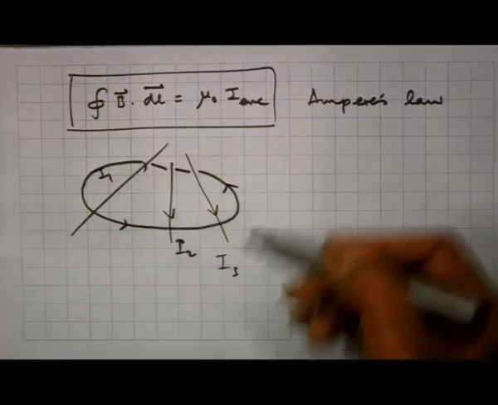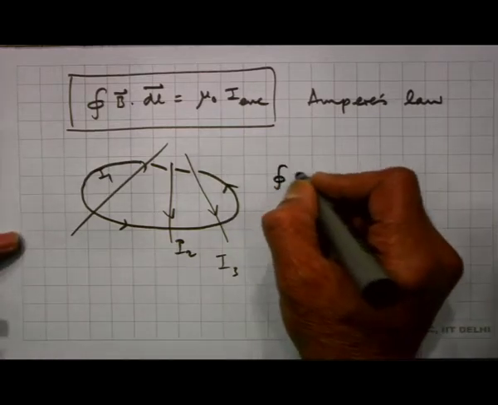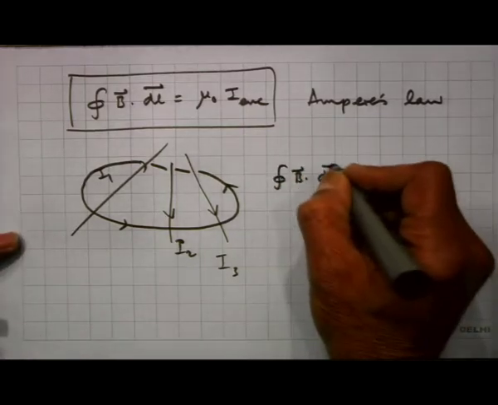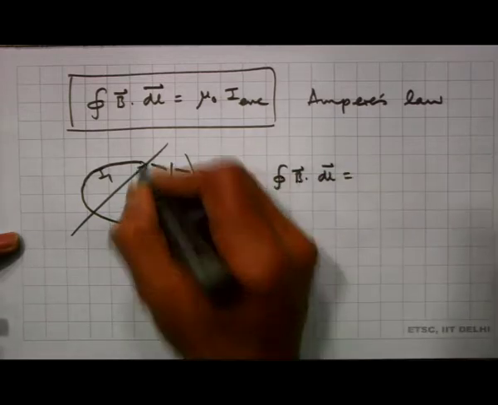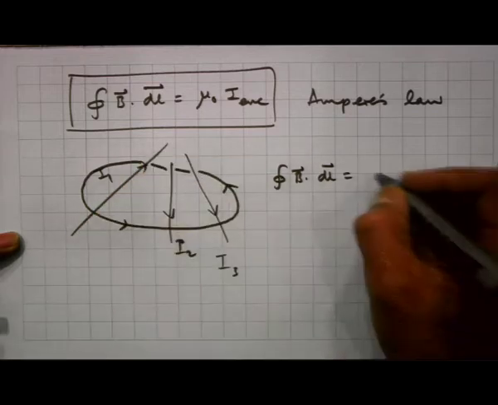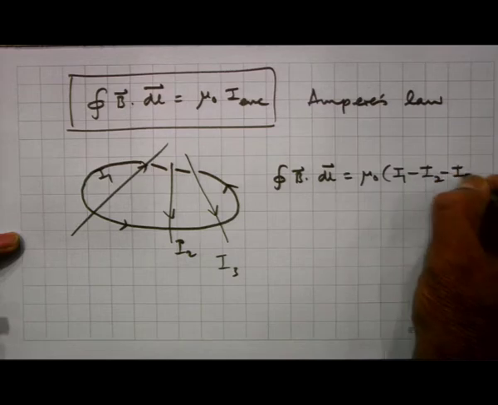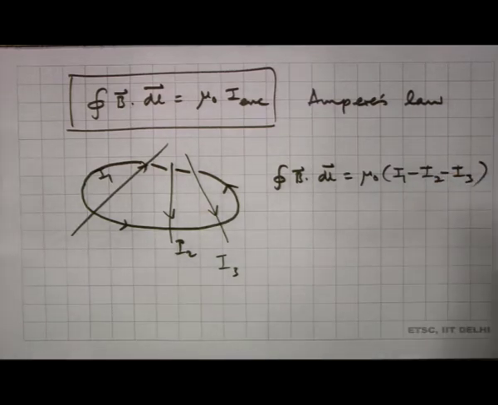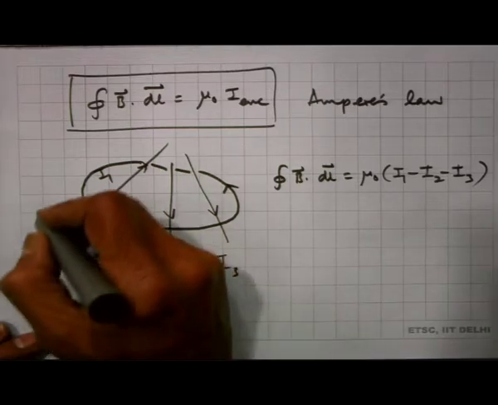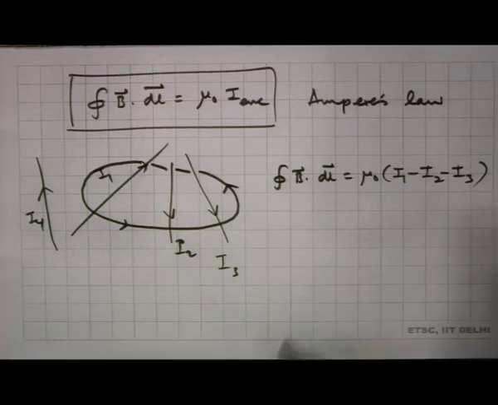Although the curve is not in the plane containing the currents, I still have integral B dot dl equal to, now in this case as you can see here, this direction corresponds to positive direction with respect to this current. So, this is mu naught I 1 minus I 2 minus I 3. And if I have another current carrying conductor here for example I 4, it does not contribute to this integral because it is lying outside the loop of integration.